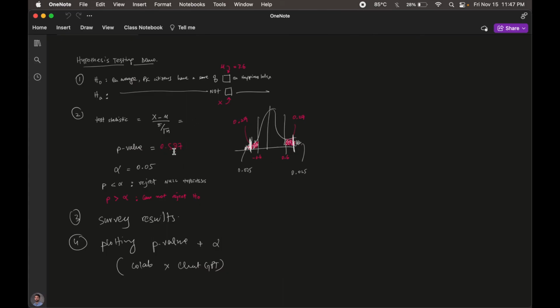It corresponded to a p-value, which was greater than alpha, and we concluded that we cannot reject H naught, meaning that we do not have sufficient evidence, or the evidence that we have is not statistically significantly different from the null case, the 7.6, right?